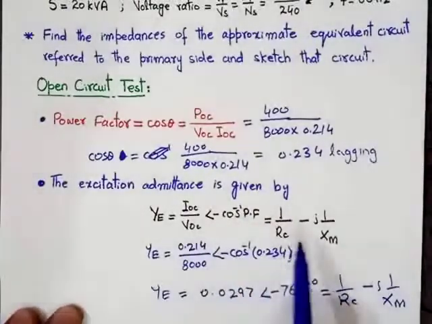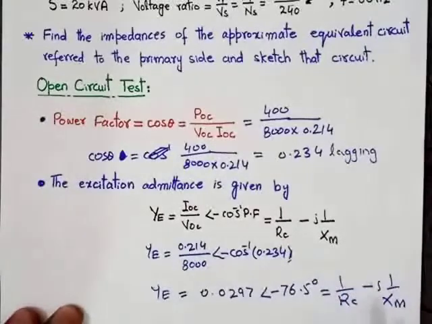As you can see in this equation, Ye is also equal to 1 over Rc minus j 1 over Xm. So first of all, we will convert this polar form into rectangular form. Then we will compare the real part with the real part and the imaginary part with the imaginary part.